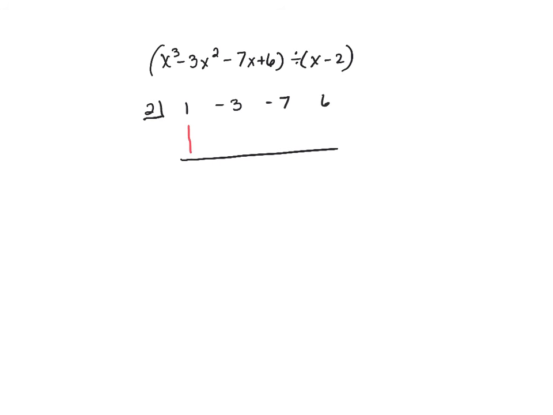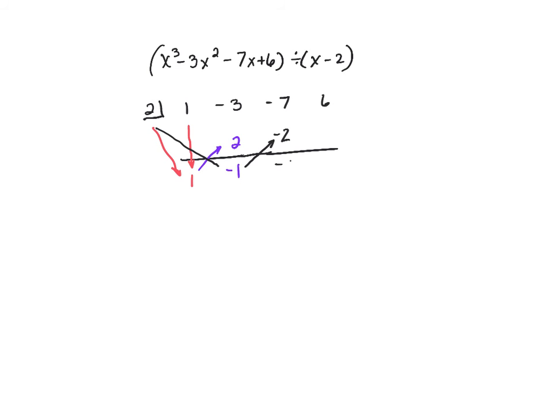Step 1, drop the 1. Multiply, which gives us a 2. Put the 2 underneath the -3. Then we add straight up and down, that's -1. Then we multiply. 2 times -1 is -2. It's -2, so it goes right there.